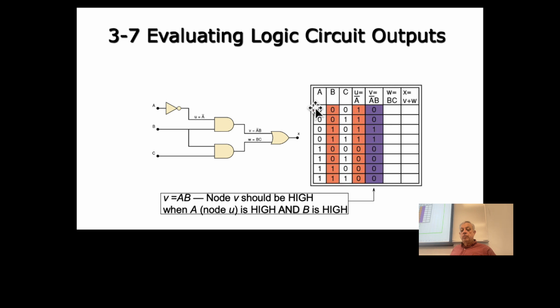So if I start with my ABC and count from 0, 0, 0 all the way up to 1, 1, 1, then I know that A naught, which is the output of this stage, is going to be the opposite of A. Where A is 0, A naught is 1. Where A is 1, A naught is 0.